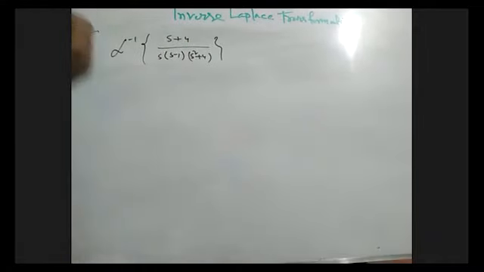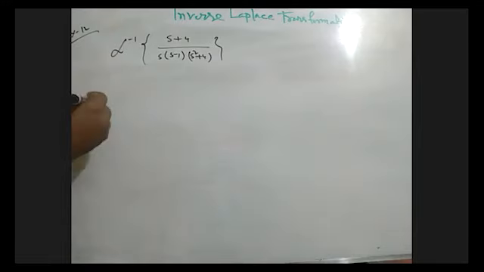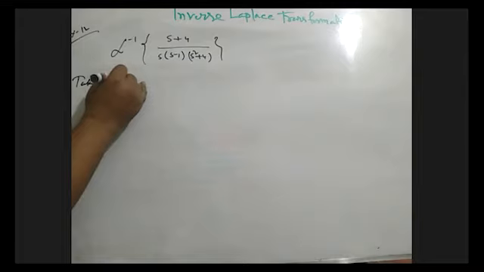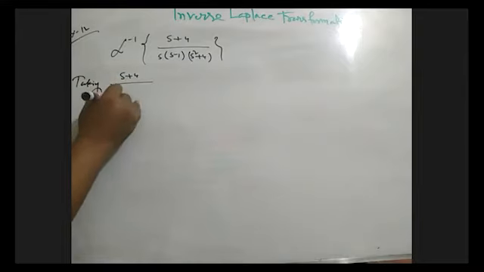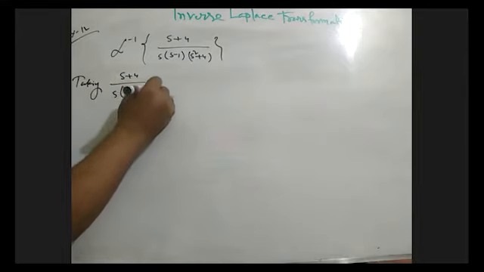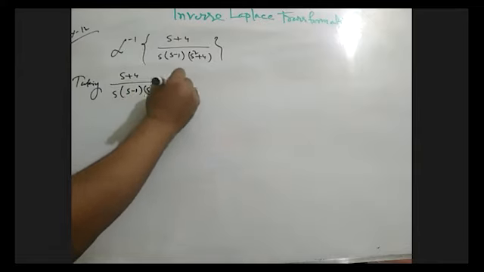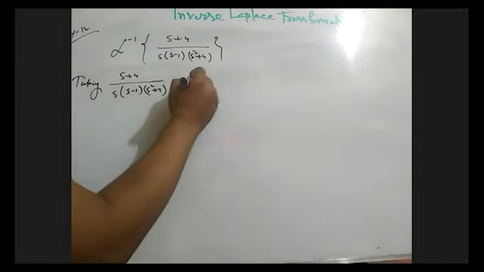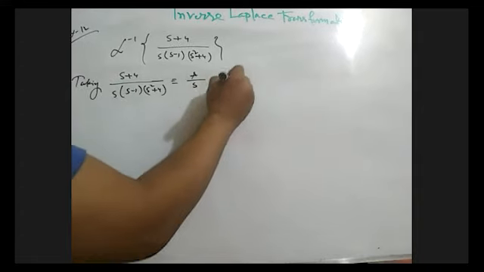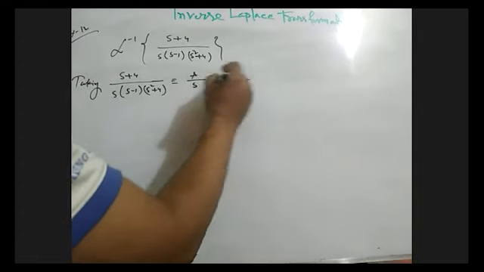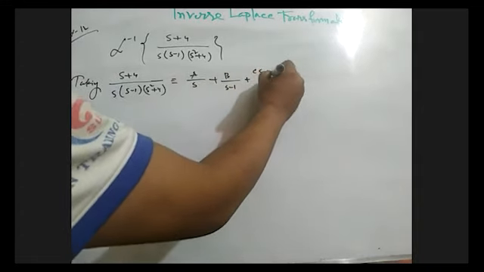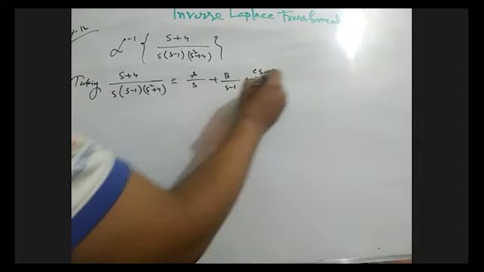First of all, taking s minus 1 into s square plus 4, this is equivalent to the partial fraction a divided by s plus b divided by s minus 1 plus cs plus d divided by s square plus 4.